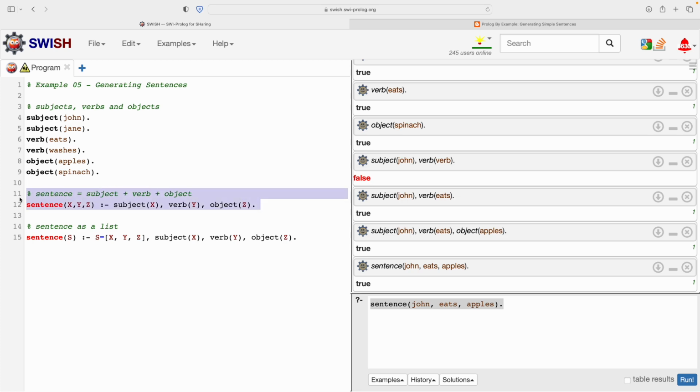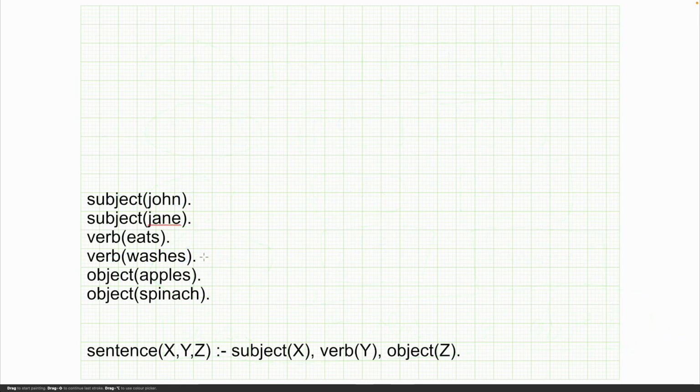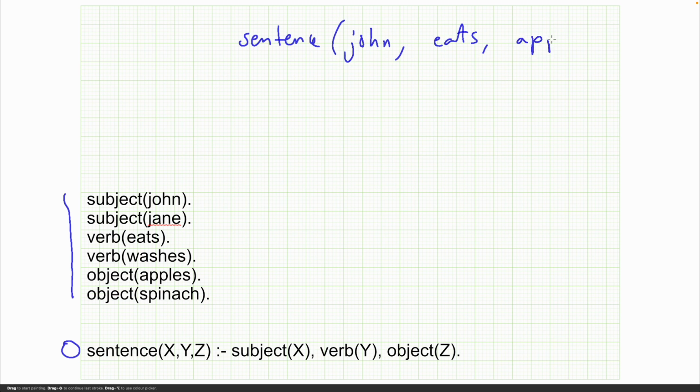So I'll copy that. Right, so I've written down or copied over those facts and this rule. And our query was sentence John eats apples. So this is the query.